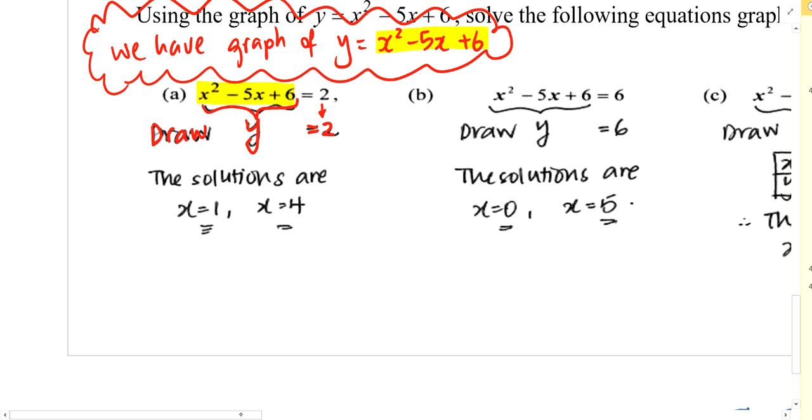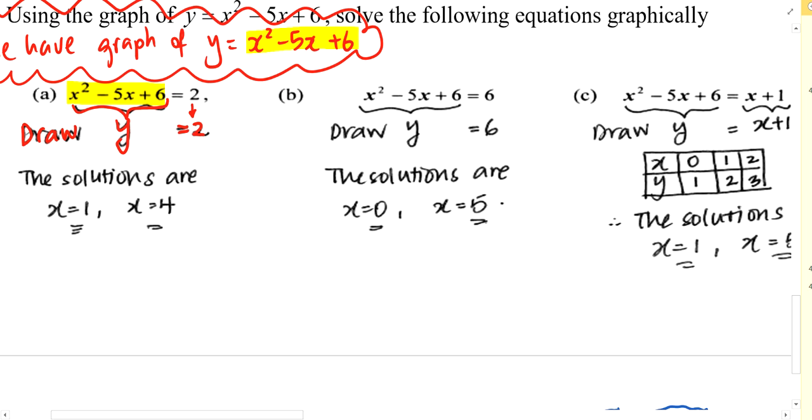Next question, part B. Solve by using a graph x squared minus 5x plus 6 equals 6. Same thing. We notice that these highlighted parts are the same. So we take our pencil or pen, bracket it out, write down that this is the same as y. Whatever is on the right hand side, copy down and write the word draw. So draw the graph y equals 6.